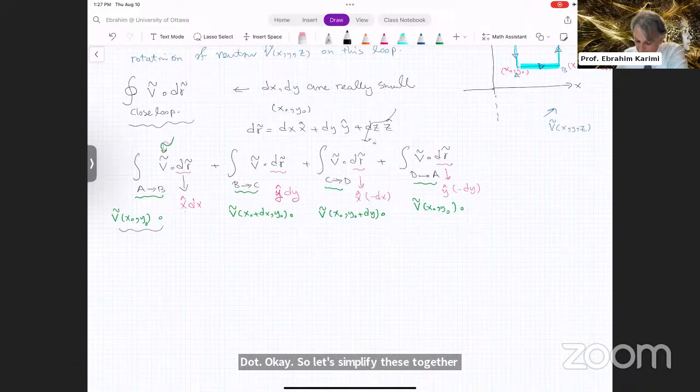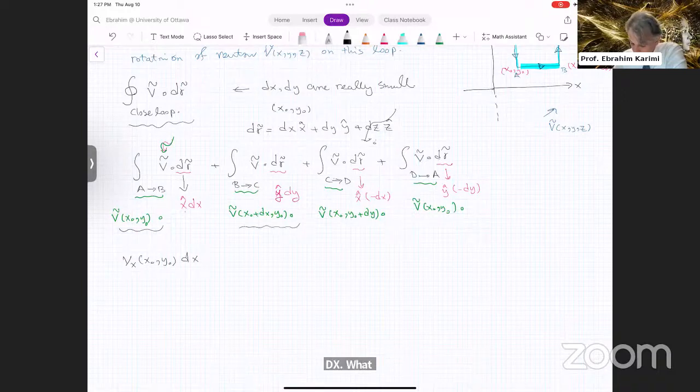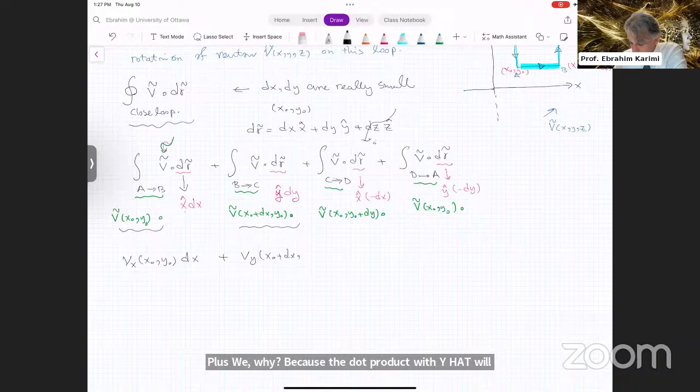V dot x hat will give you only the x component, vx of x0 and y0, dx. What about this one? We will have plus vy, because the dot product with y hat will give you vy, at x0 plus dx and y0, dy.